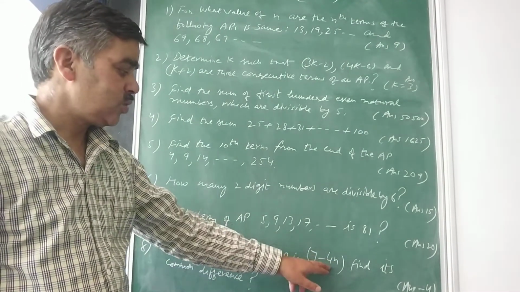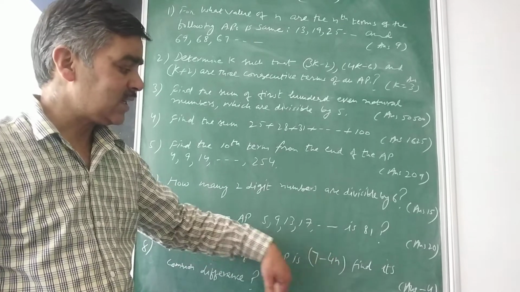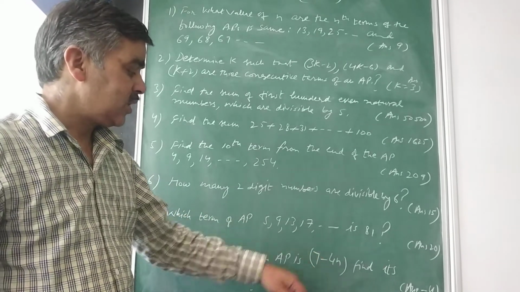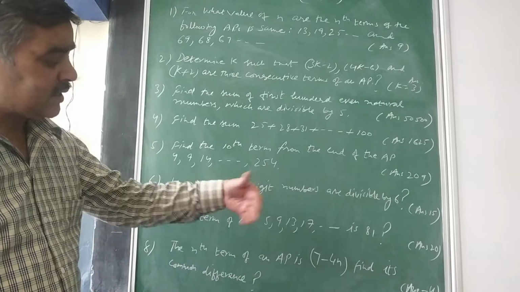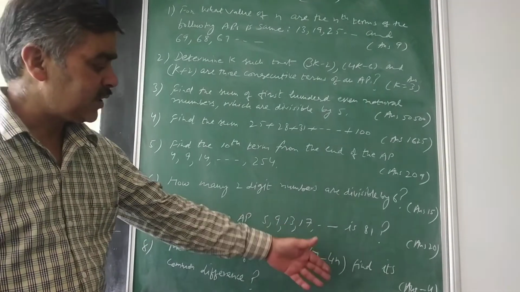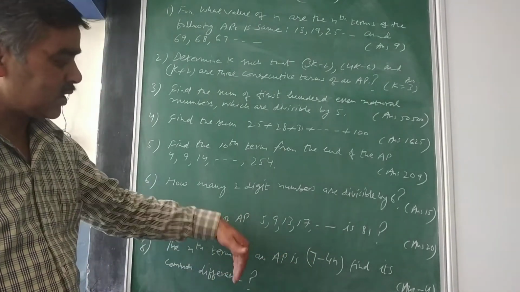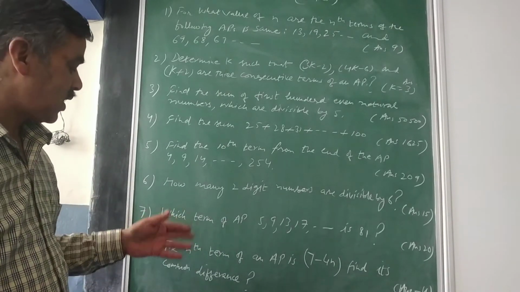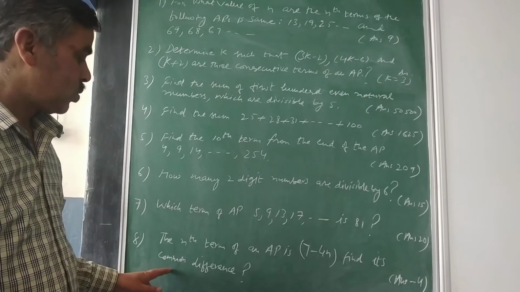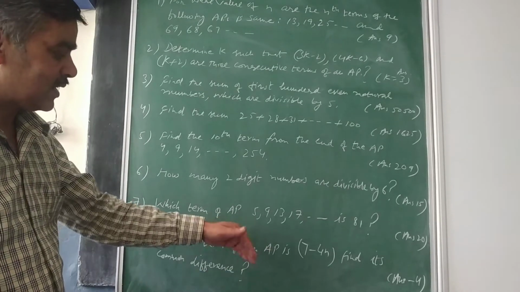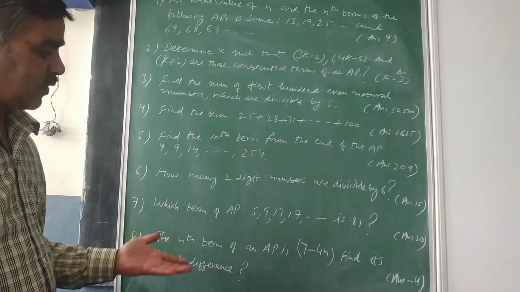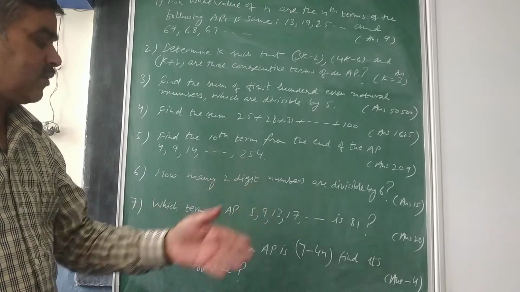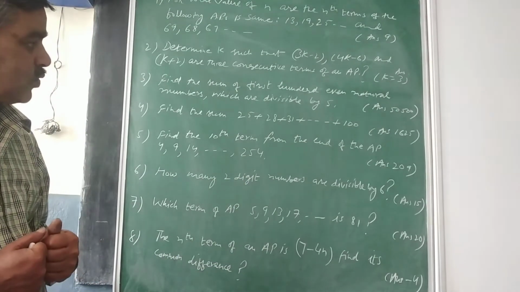Put n is equal to 2: 4 twos are 8, 7 minus 8, that is equal to minus 1. Like that, when you get the first term, second term and third term, you will come to know what a and d are. Then substitute those values to get the value of d, that is second minus first, and that will be the common difference. Check whether the answer is minus 4 or not.